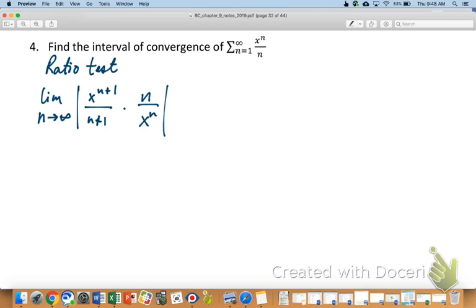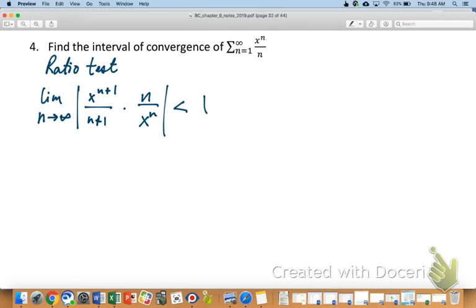If we're looking for the interval of convergence, we want it to be less than 1. So I'm going to set it up to be this. We're not looking for the interval of divergence or the interval of inconclusivity. We're looking for the interval of convergence. So we want this to be less than 1.